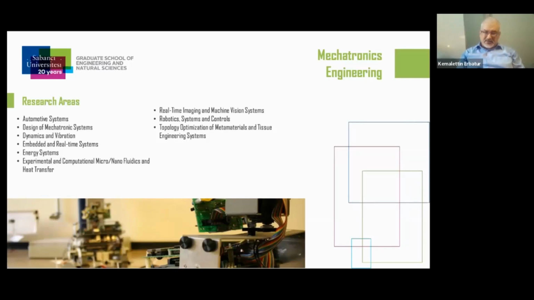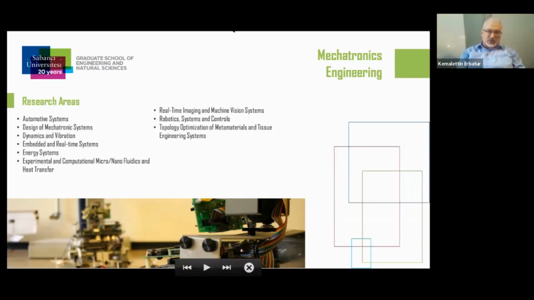Heat transfer and cooling is an important topic. Machine vision is one of the sensor systems which is very important for robotic systems, and detailed research on machine vision is one of our research areas.